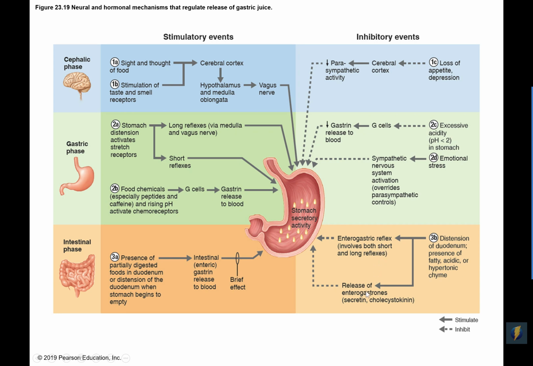So as the small intestine gets distended, as it gets stretched, as it senses that hypertonic, hyperacidic chyme, that there's foodstuffs in the small intestine, very quickly you're going to activate the enterogastric reflex, both long and short. So more of a neural mechanism that is going to inhibit the activity of the stomach. And you will also get the release of our enterogastrone hormones that inhibit the stomach activity.